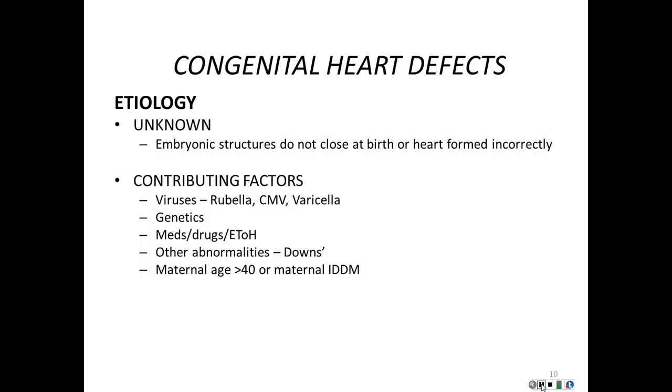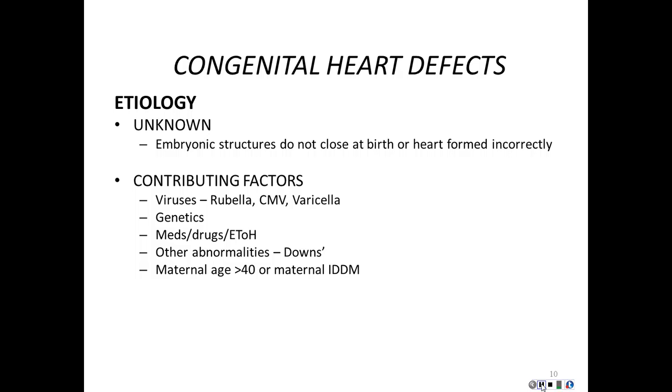Medications, drugs, alcohol, all can cause a problem. When we look at fetal alcohol syndrome, we can see typically VSDs, ventricular septal defects, ASDs, atrial septal defects, and tetralogy of Fallot.